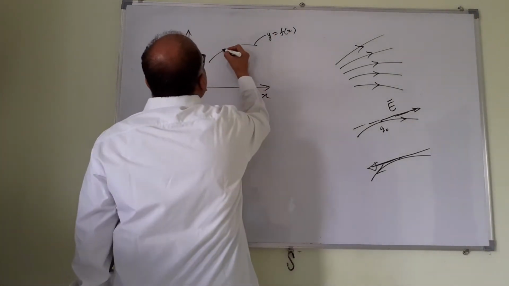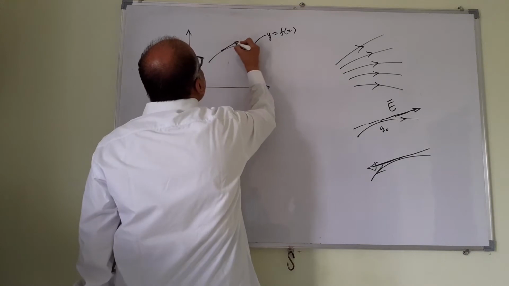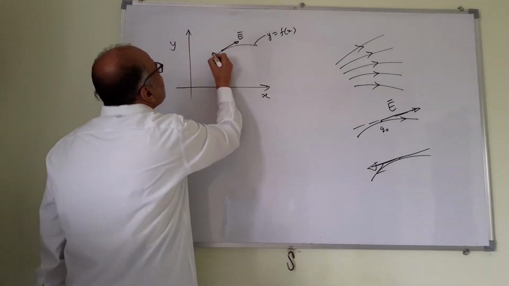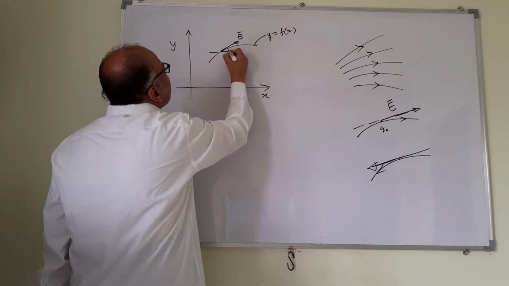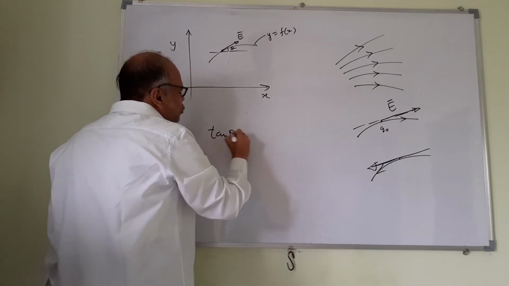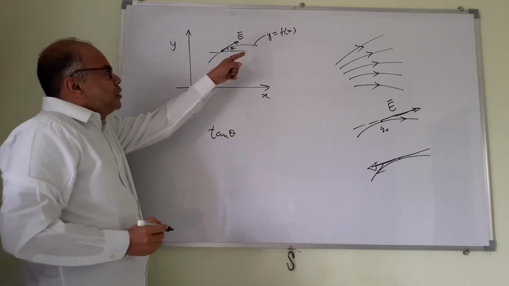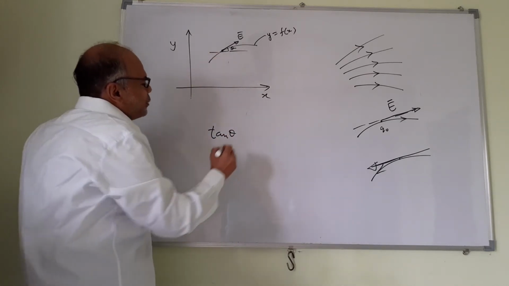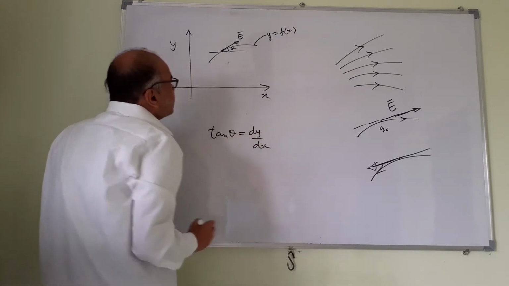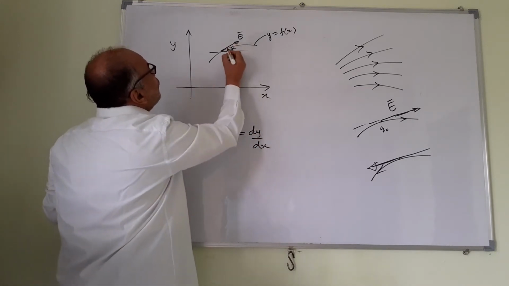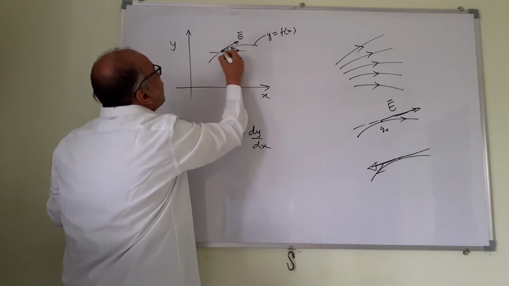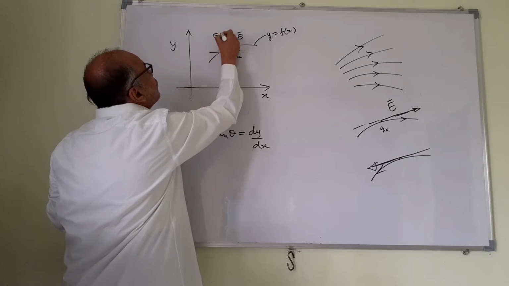Now if at this point this is the electric field E, yes, it is tangential. So if I take the angle as theta, tan theta is the slope of the line of force at that point. Tan theta is nothing but dy by dx. Now E we could resolve as Ex and Ey.